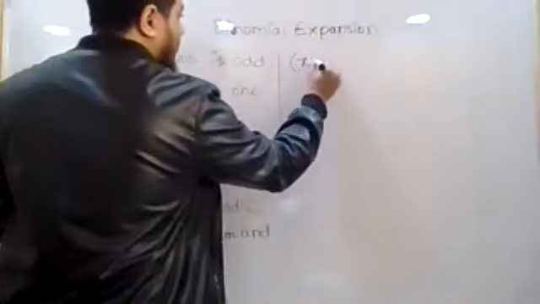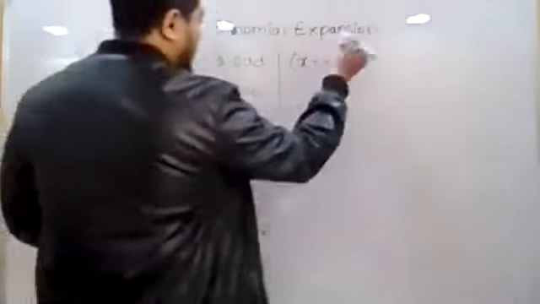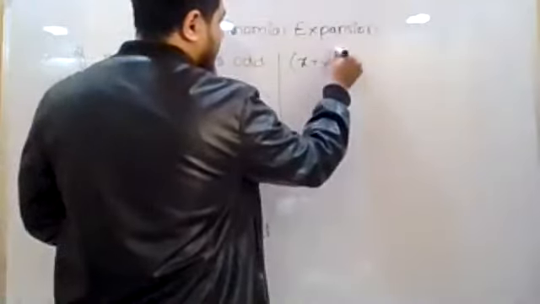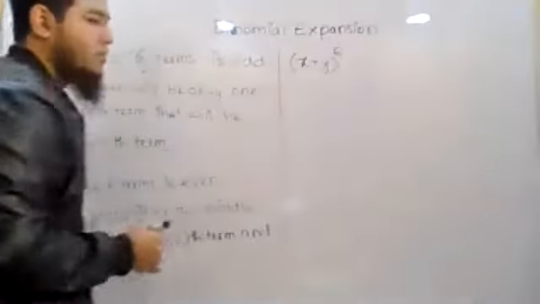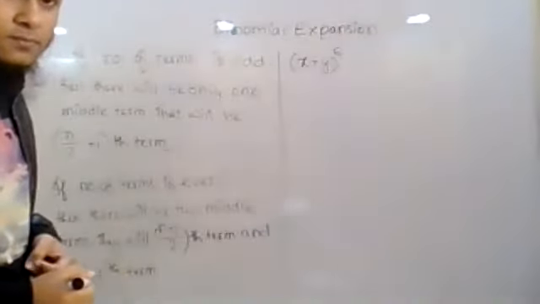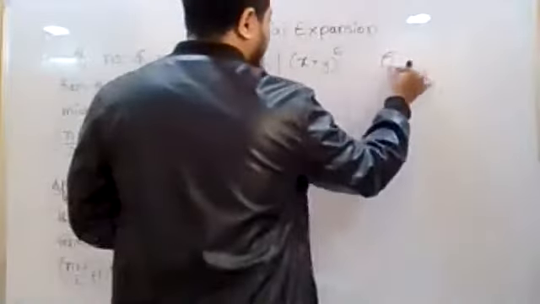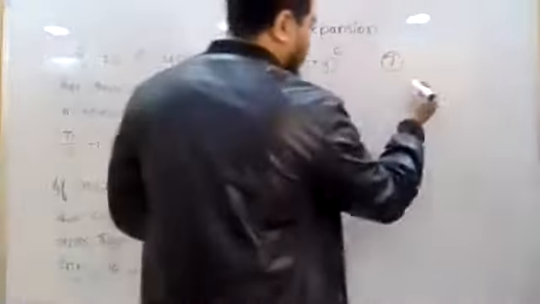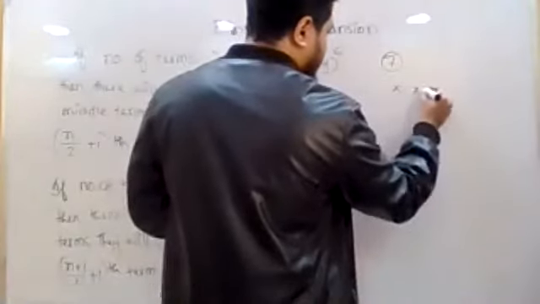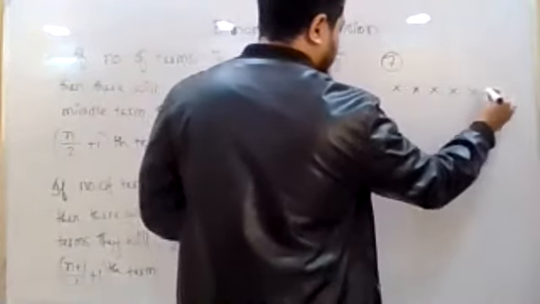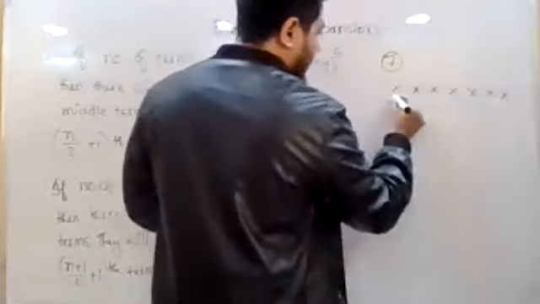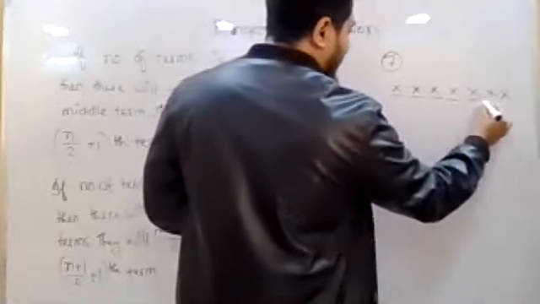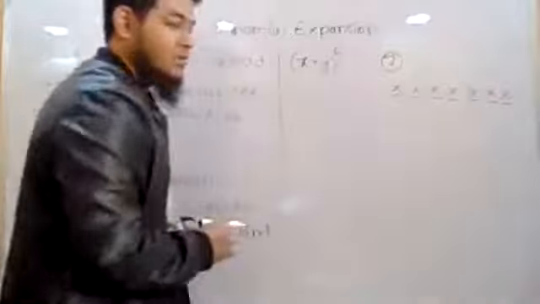So if we have x plus y whole to the power, let us say 6, then how many terms will be there? 7. Total 7 terms will be there. So let me write, just for example, 1, 2, 3, 4, 5, 6, 7. 7 crosses I have given.